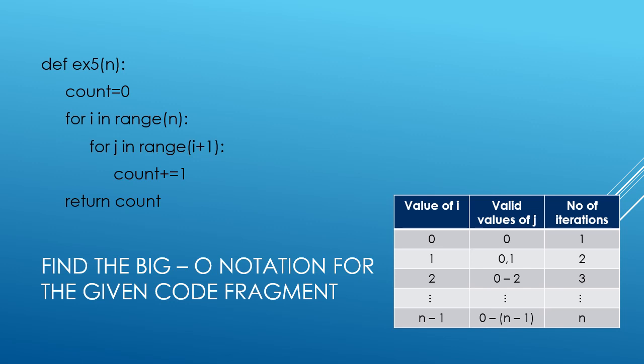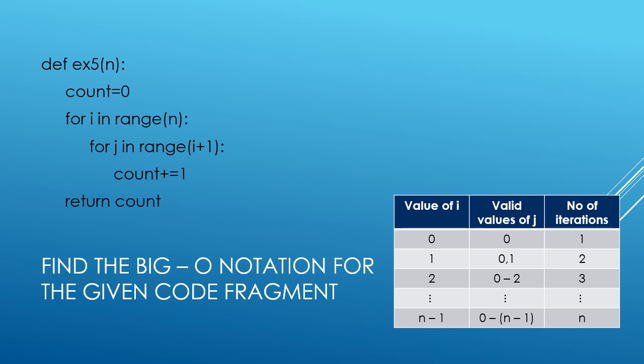When the value of i is 2, j goes from 0 to 2. There are 3 iterations. Continuing, the last value of i is n minus 1. For this, the valid values of j are 0 to n minus 1. The number of iterations is n.